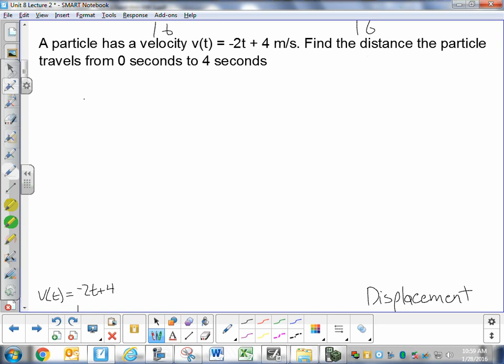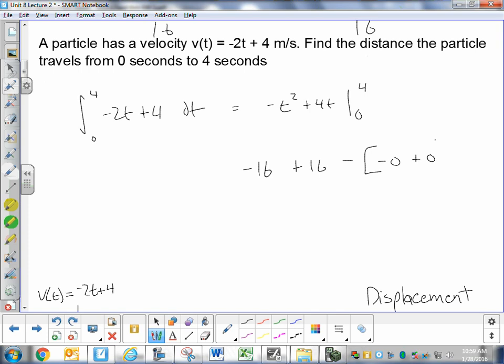Well, I could take an infinite sum of my velocities times times, but let's just go ahead and use the fundamental theorem of calculus and say this is going to be equal to the change in my position between 0 and 4. I'll get negative 16 plus 16 minus negative 0 plus 0, and I get 0.